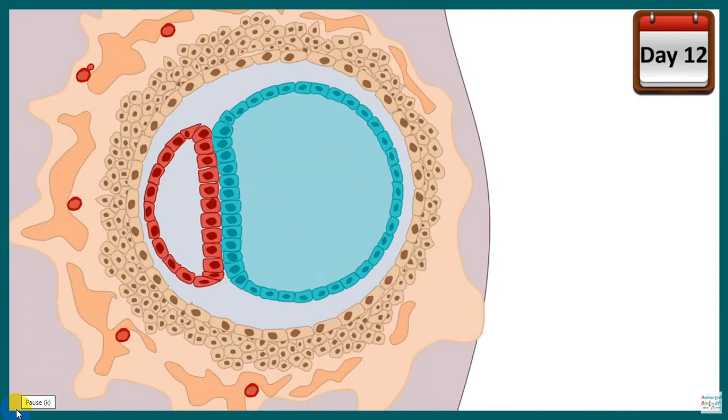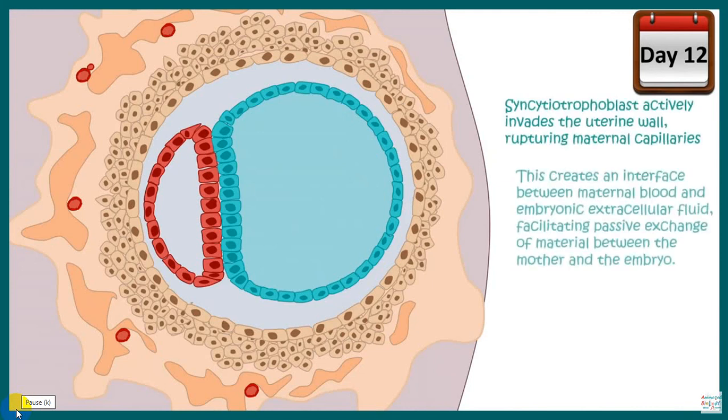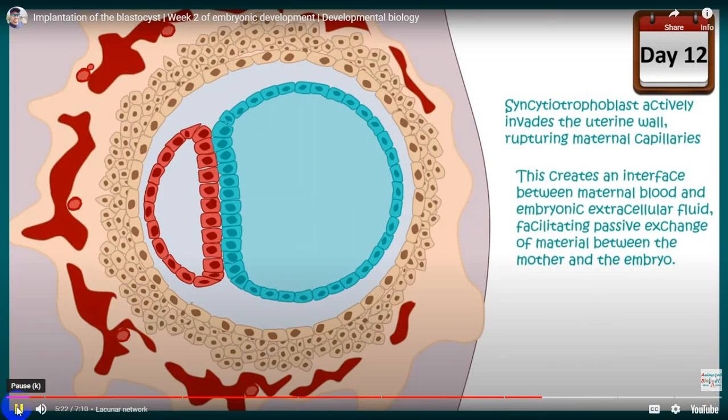At day 12, further development happens. The lacunar networks or lacuna become more prominent, and they invade the maternal sinusoids. Now it ruptures the maternal sinusoids that leads to the blood connection. So you can see maternal sinusoids or maternal blood cells are being punctured by the syncytial trophoblast.